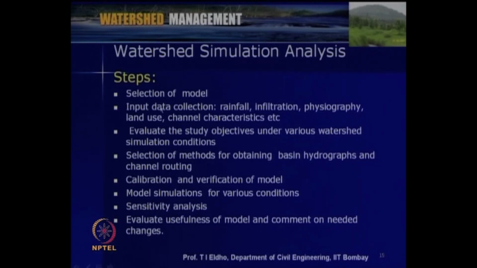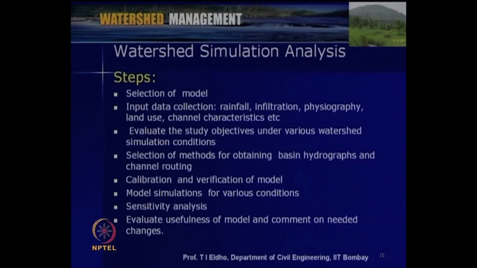So, now here I have listed some of the important steps which we systematically follow as far as watershed simulation or analysis using models is concerned. First, once the watershed is conceptualized and we know the various aspects and our objectives are set, then we can go for a particular model.